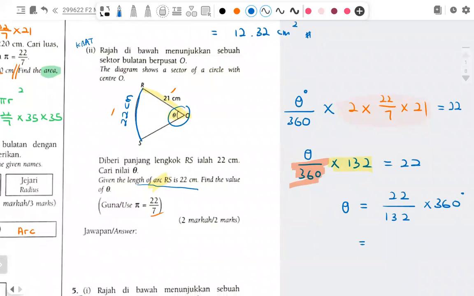Then we'll get the answer. 60, yes. The answer is 60 degrees. For the unit, we draw a small circle at the top back. 60 degrees.